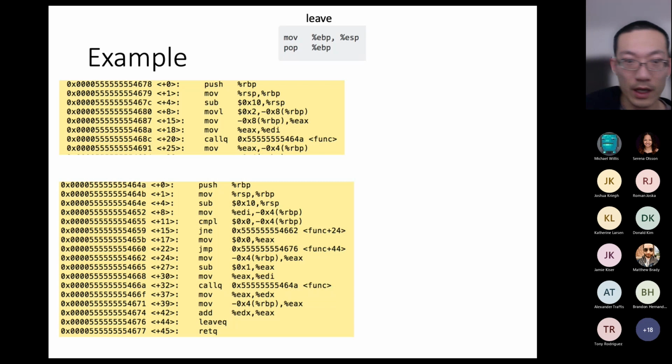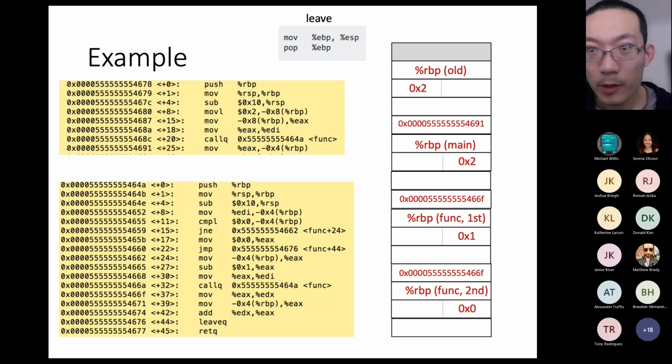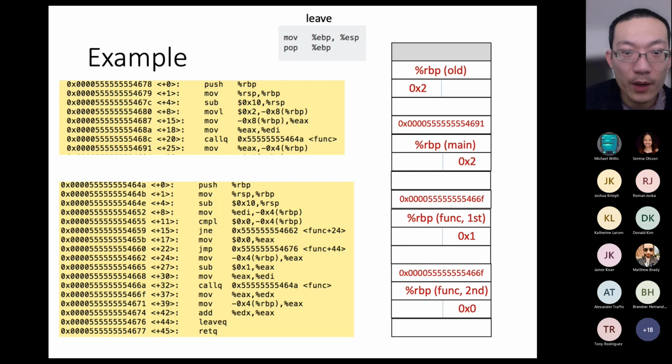Here is an example about the function call. In this function call, we have the assembly code on the left-hand side, and on the right side is the layout, what the stack looks like when we move through these functions.